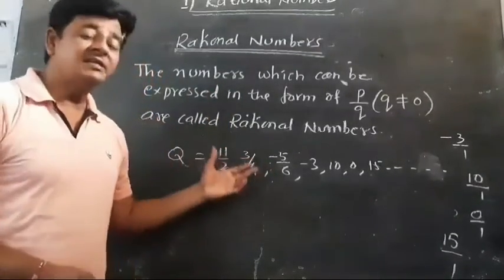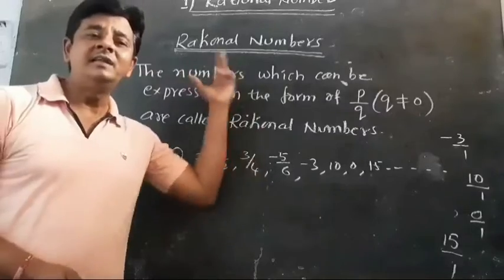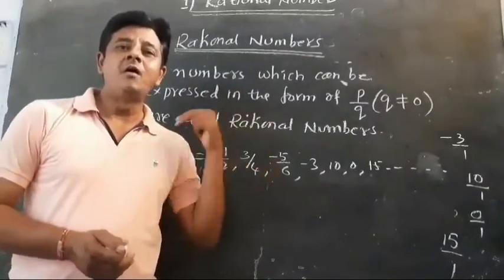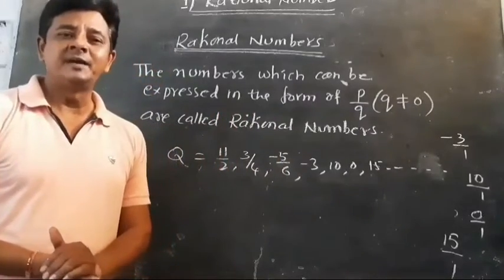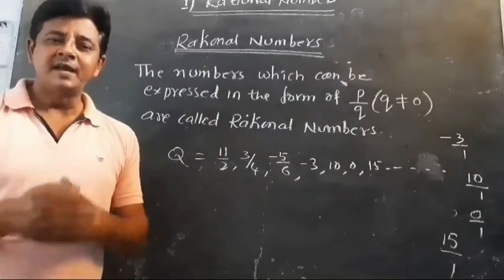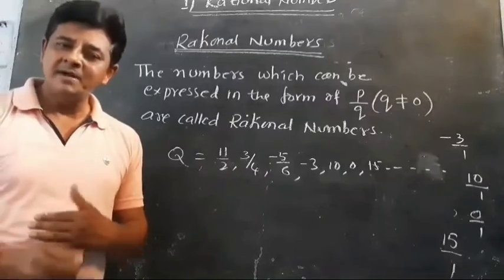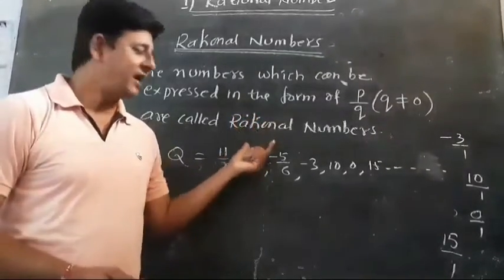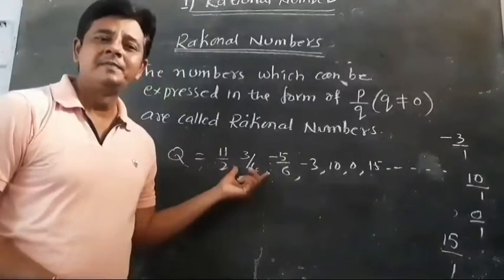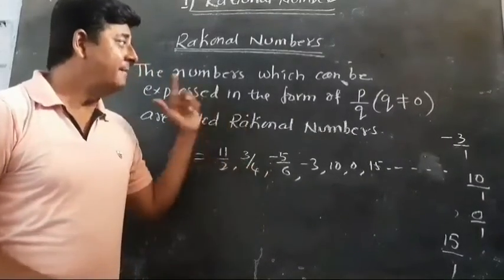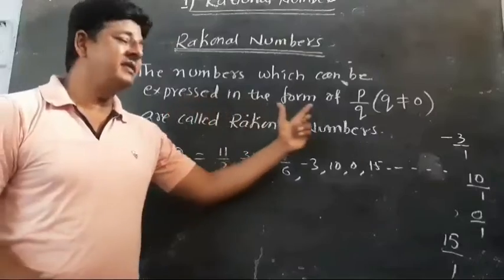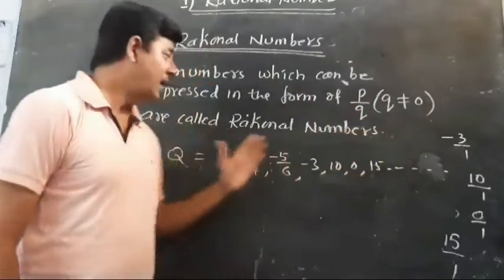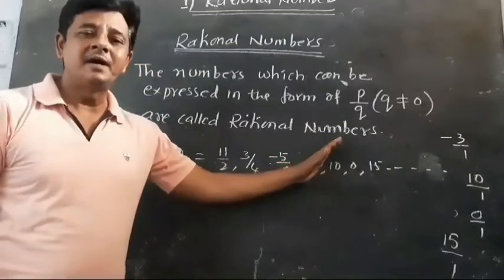That's why rational numbers are bigger than all the other numbers. Understand? In the rational numbers, natural numbers are there, whole numbers are there, integers are there, and fractions are also there, in P by Q form. So the numbers which can be expressed in the form of P by Q, Q not equal to 0, are called rational numbers.